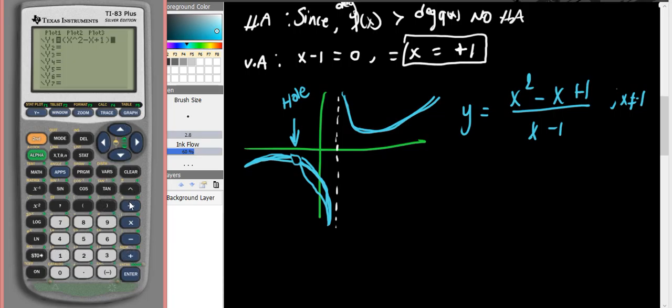We'll close that parentheses, divide it by an open parentheses, x minus 1. Close it, and we'll graph it.